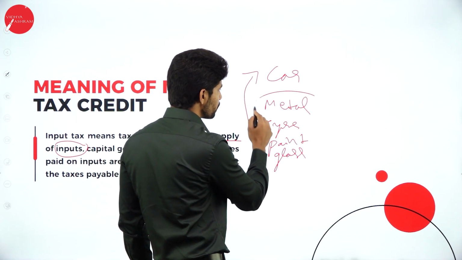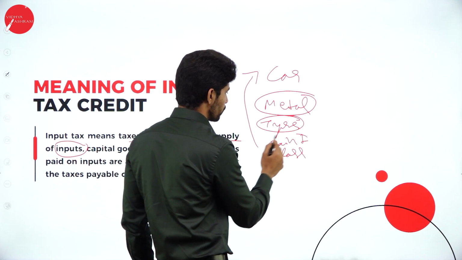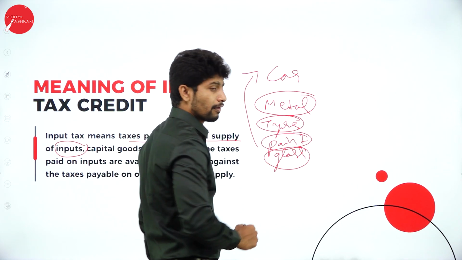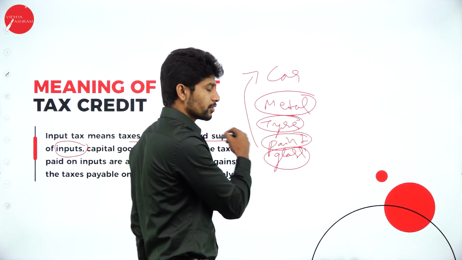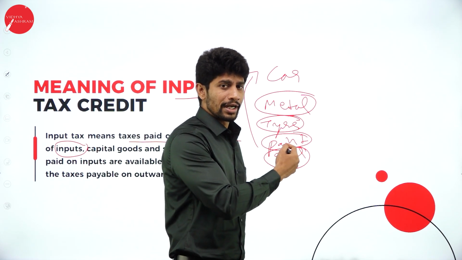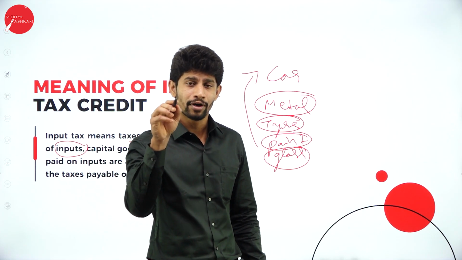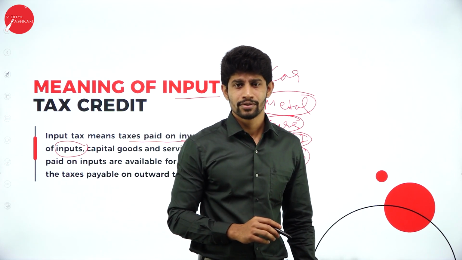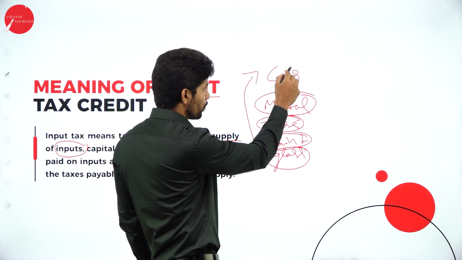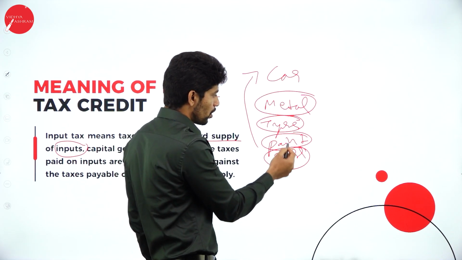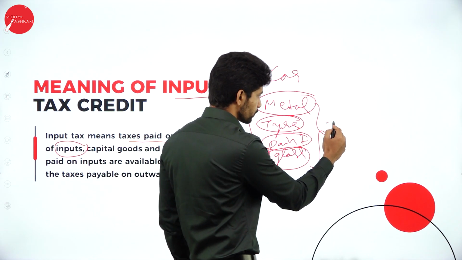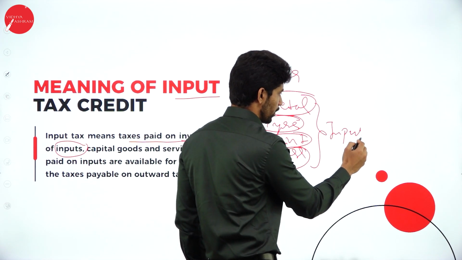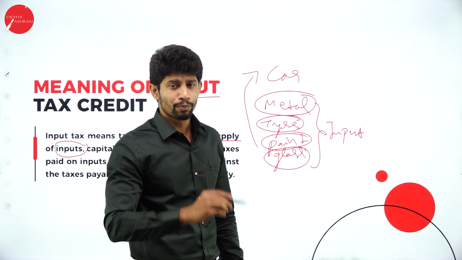You are not manufacturing all these items, you are going to purchase them from other persons, right? So these items you purchase from other suppliers are called input for your production purpose. You are manufacturing a car, and to manufacture it you are purchasing all these different items from other persons.